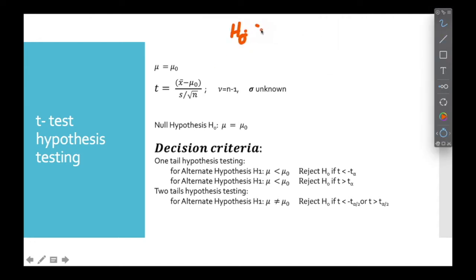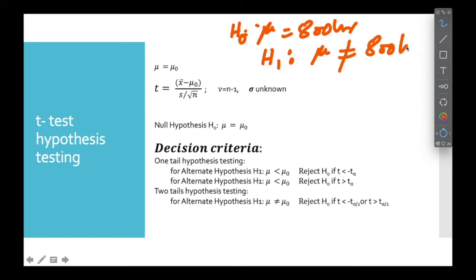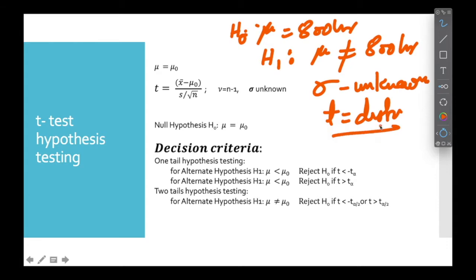Null hypothesis H0 is mu is 800 hours, and alternate hypothesis is mu is not equal to 800 hours. So again, two-tail hypothesis testing, but because sigma is unknown, we will apply T distribution instead of Z distribution.